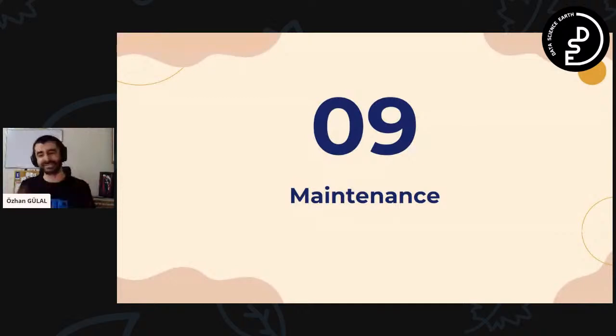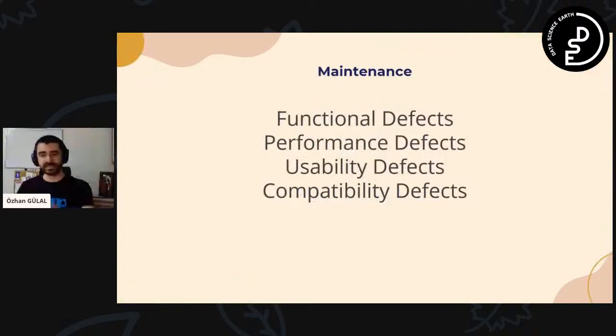Every time you have a problem, or every time a customer comes with a new idea, sometimes you can realize defects. I can count a lot of items under only one title. It should be maintenance. There are 4 different serious defect types inside the maintenance title.